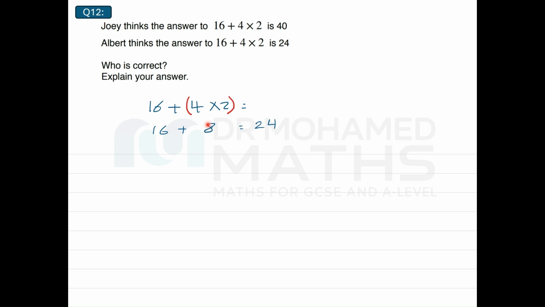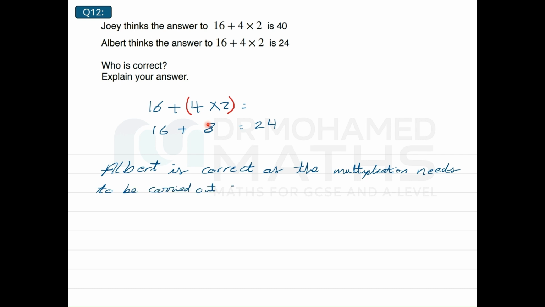But this is not the answer yet, we have explained the calculation, but it is asking who is correct, so that means Albert is correct, isn't it? And why? Because multiplication needs to be carried out first before addition, and don't stop here, according to BODMAS or BIDMAS.